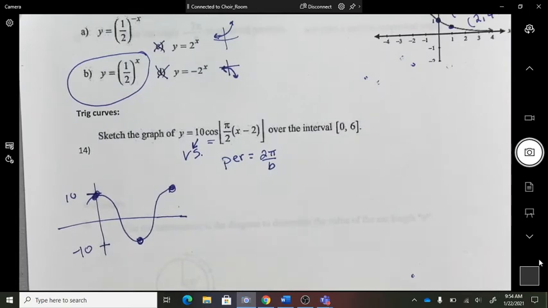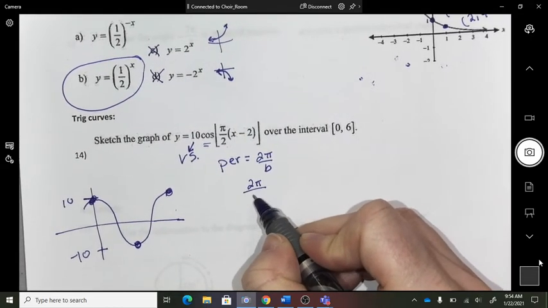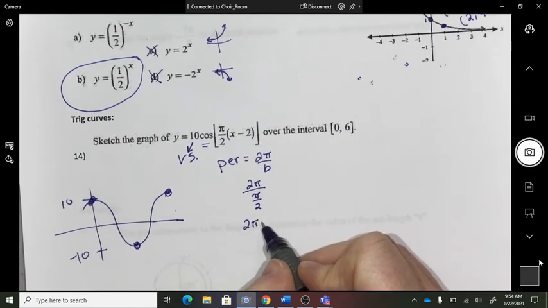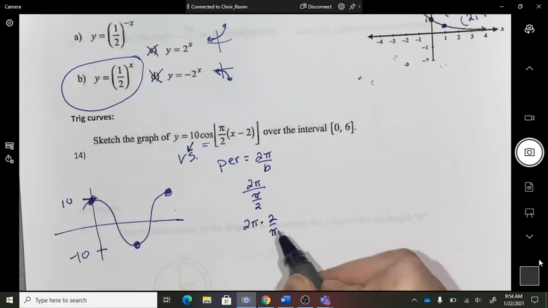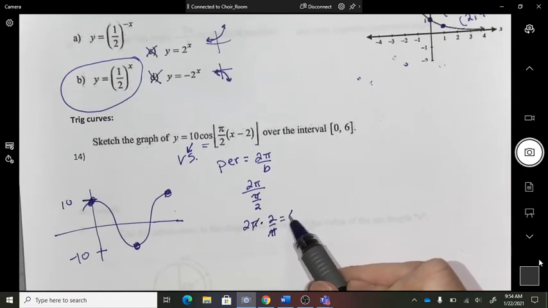Do you remember this equation? You're going to probably want to memorize that. 2 pi over b. It's the same as a horizontal compression. The x gets divided by b. 2 pi over pi divided by 2. That ends up flipping, so your period equals 4.